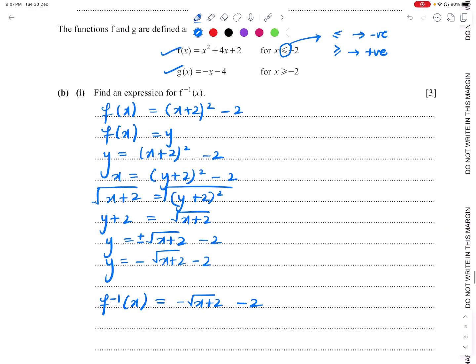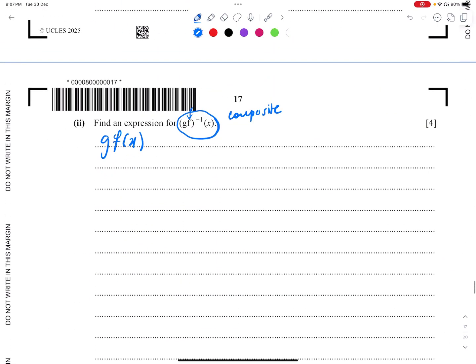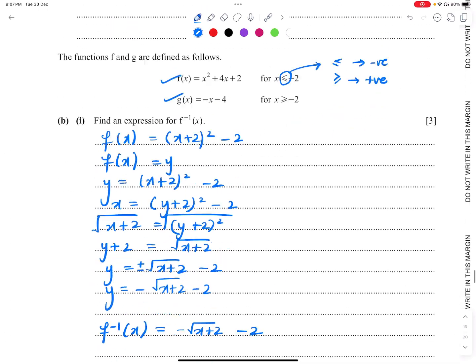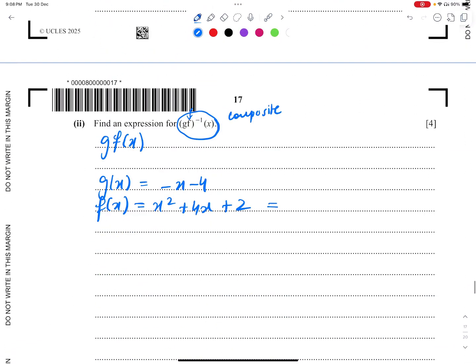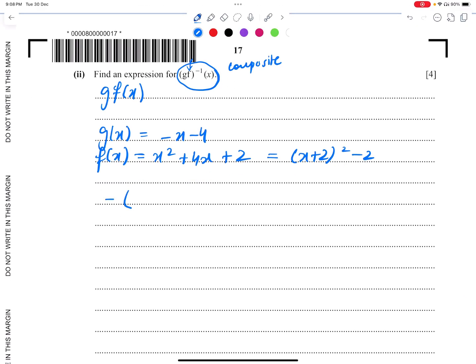The expression for g of x is negative x, negative 4. And for f of x, it is x squared plus 4x plus 2. And the completed square form was x plus 2 whole square minus 2. So basically, I'm going to put a bracket around x, negative 4. I'm basically following this format in case you are wondering. And inside this x, I'm going to place f of x.